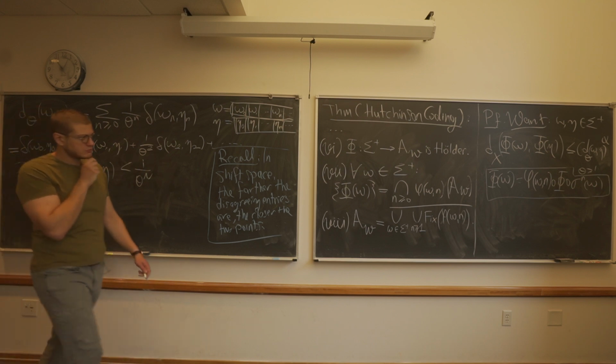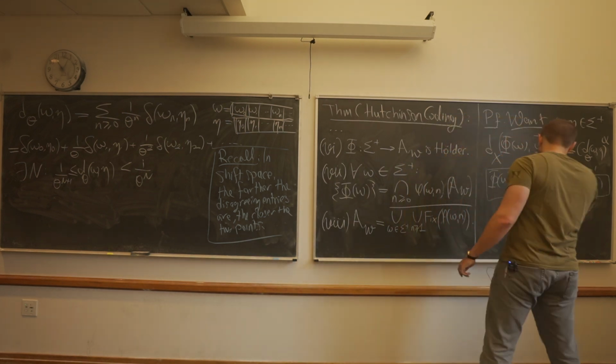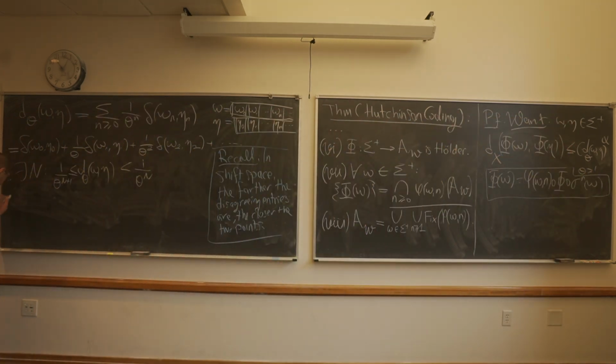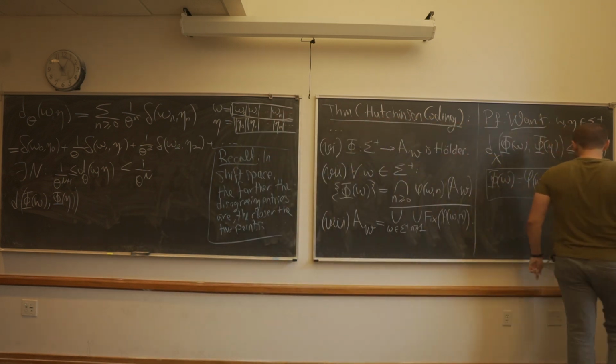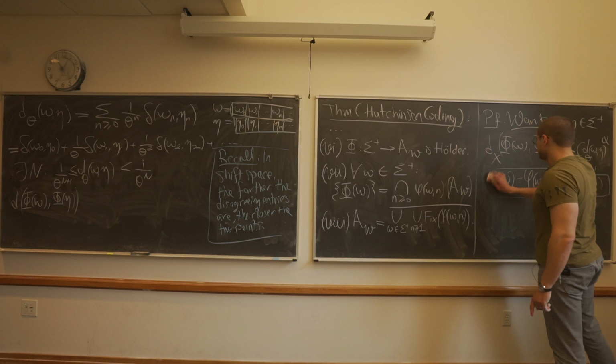Yeah, I can do that, or I can do something else actually. Let me do something else. I want to control this metric, this distance over here. Instead of using this, I'm going to use something much more straightforward. Let me just erase this.